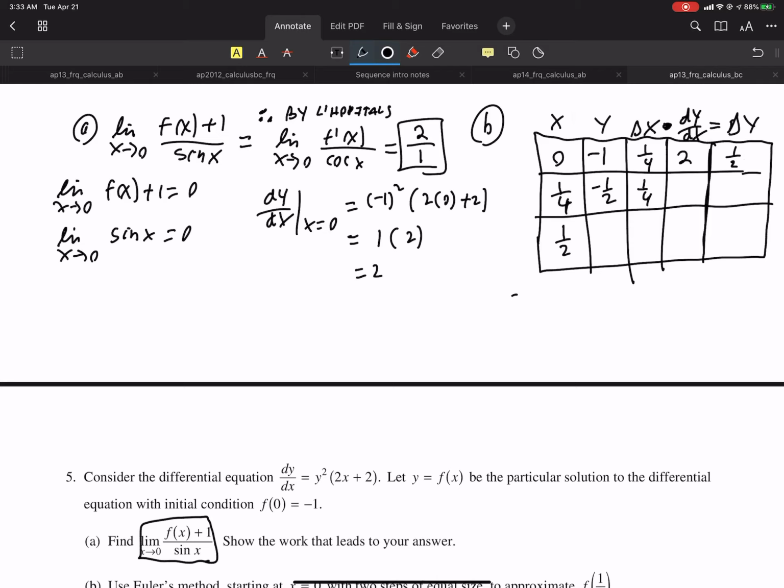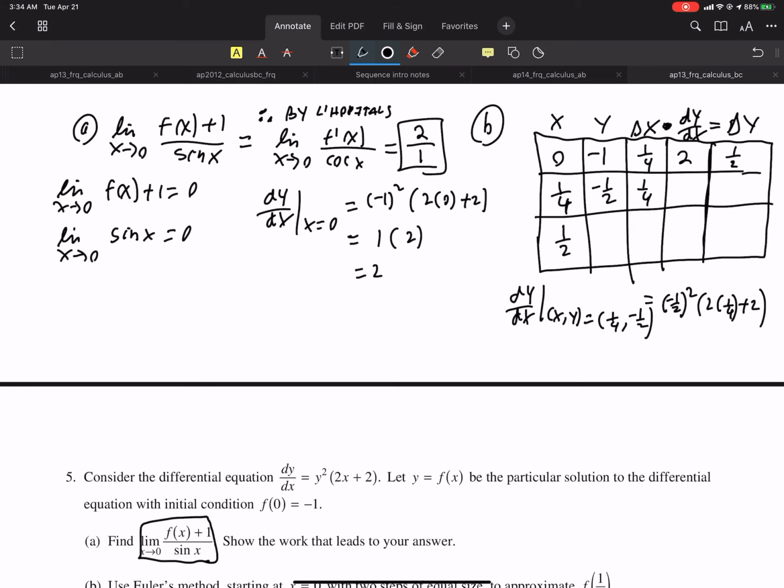Now, side work, I need dy dx at my new location here. So that's when x, y is 1/4, -1/2, which is going to be y squared, which is -1/2 squared, 2 times x, which is 1/4, plus 2.